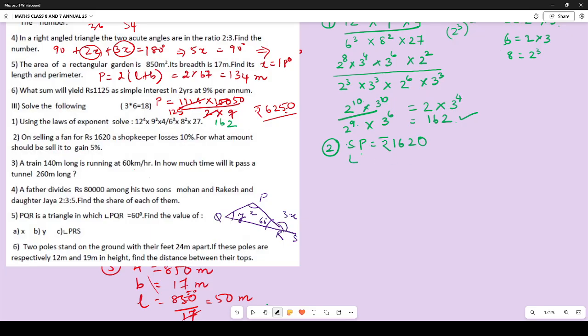Then we have loss percent is equal to 10%. We have to find the CP first and then we will find the gain. So CP, what is the formula for calculation of CP? CP is equal to 100 by 100 minus loss percent into SP.